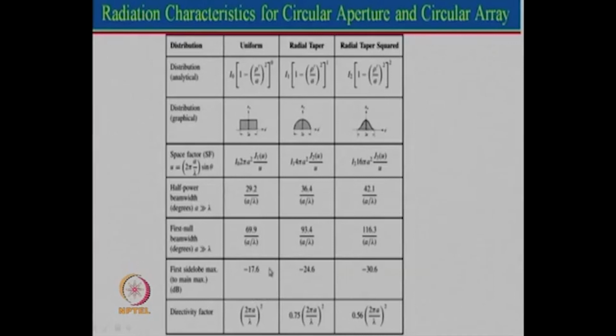I just want to tell that these array theories are very, very important when we are going to look at all the other cases. For example, when we discuss the next topic, which is the microstrip antenna, we will see that it is an array of 2 slot antennas. When we discuss, let us say, the horn antenna, we will see that in one plane we have a uniform distribution, and in the other plane it has a cosine distribution.